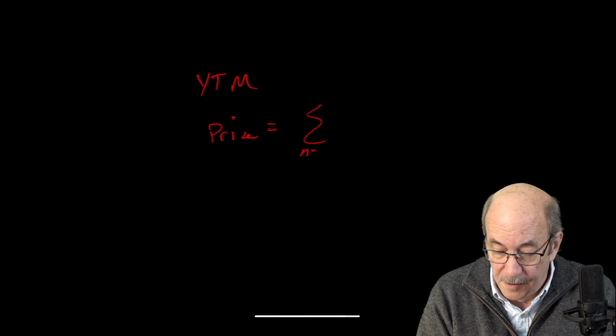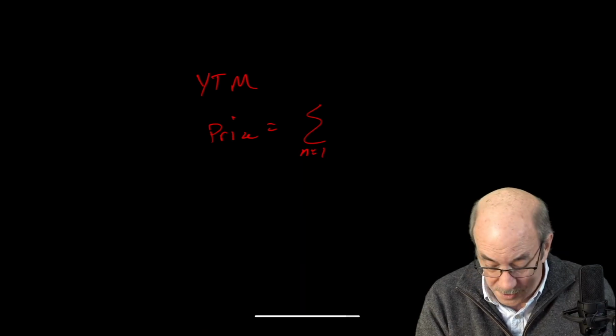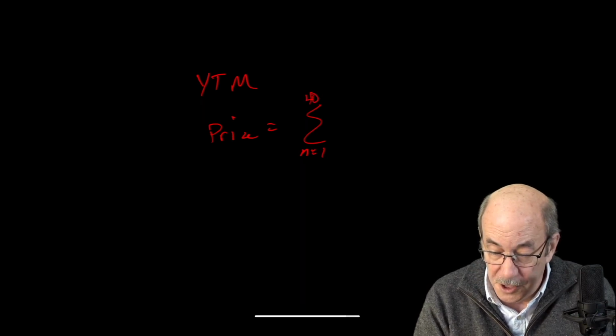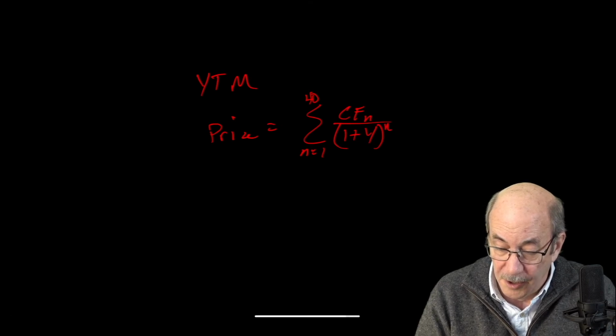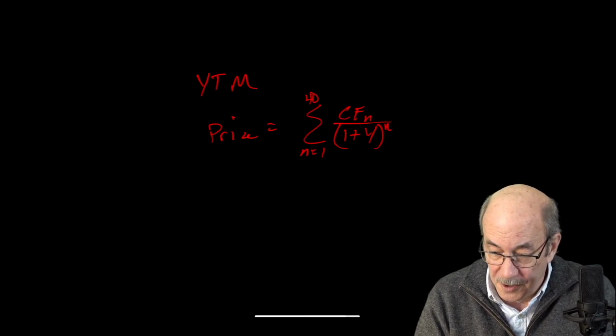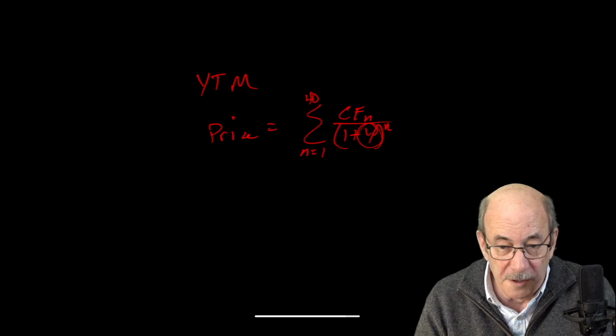we could use that same price formula, the sum from 1 to, in this case, 40 of the cash flow n divided by 1 plus y raised to the nth. The only problem here is that we're trying to solve for this y.